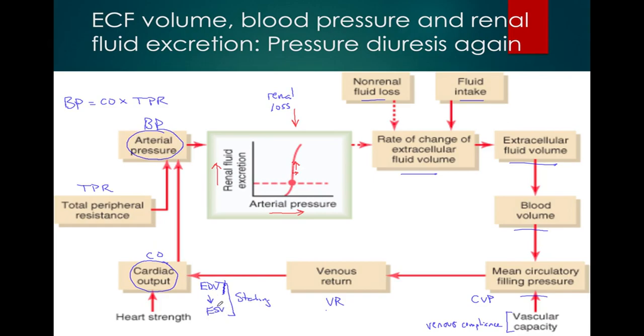That means more left behind. The heart's contracting less hard, which would decrease our stroke volume and cardiac output, and it's going to bring our blood pressure back down to normal. And there is your negative feedback loop for a change in blood pressure that causes pressure diuresis, a pressure-induced increase in urine volume. That's diuresis.